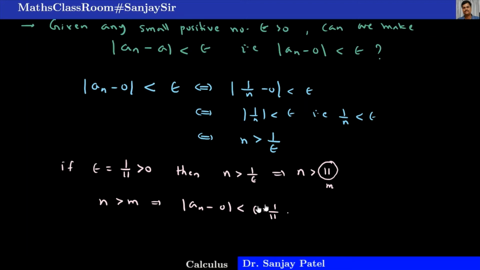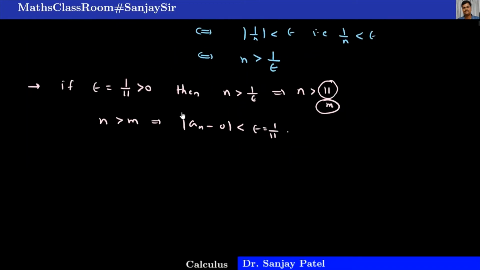So in general, what can be taken as the value of m that we want to understand? Remember, here I have taken epsilon equal to 1 upon 11. But if I choose some other number, say epsilon equal to 2, greater than 0, then n greater than 1 upon epsilon means n is greater than 1 upon 2, which is nothing but 0.5.